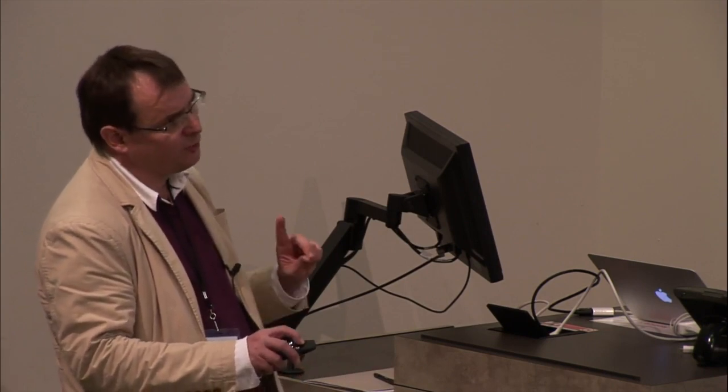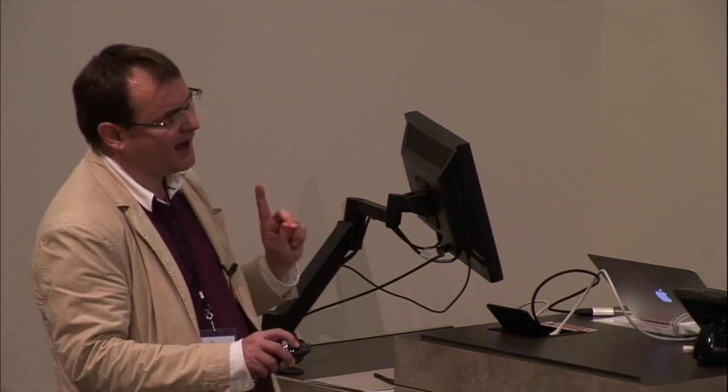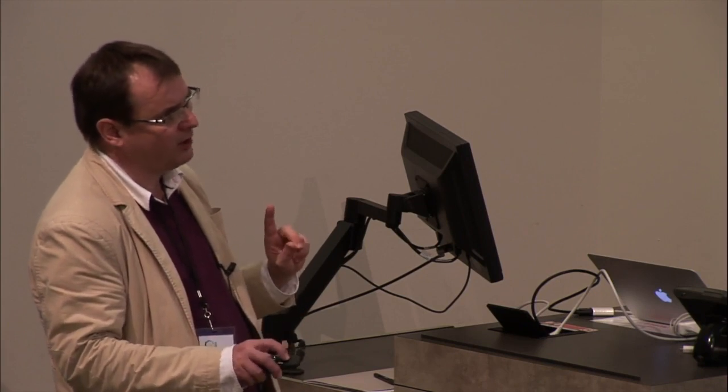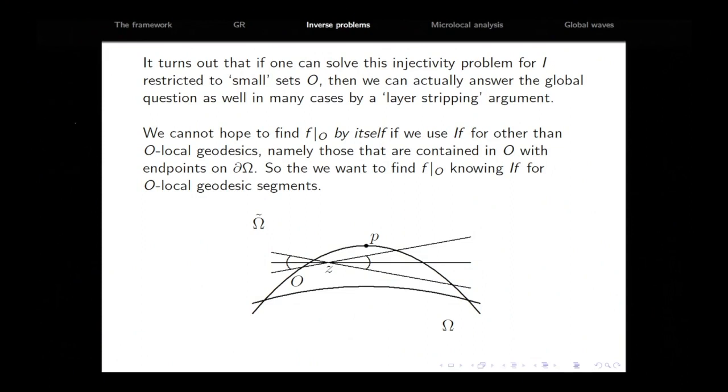So an important point is, we somehow fixed this O, and we want to find the function f on O from If. The point is that we can only use geodesics that completely stay in this O, because if we try to use If of gamma, where gamma crosses over here, we would really have to recover f here as well to be of any use. So we have to only use geodesics that are local to this region.